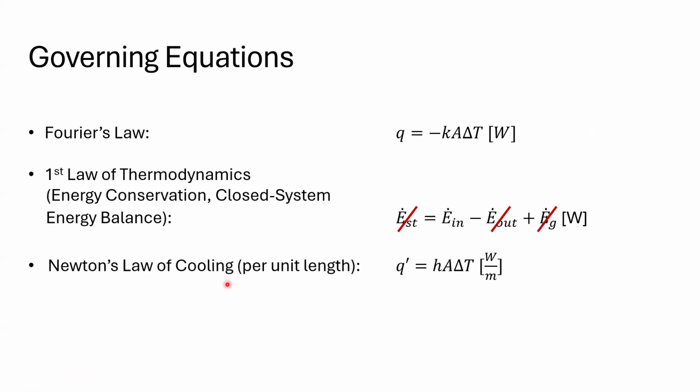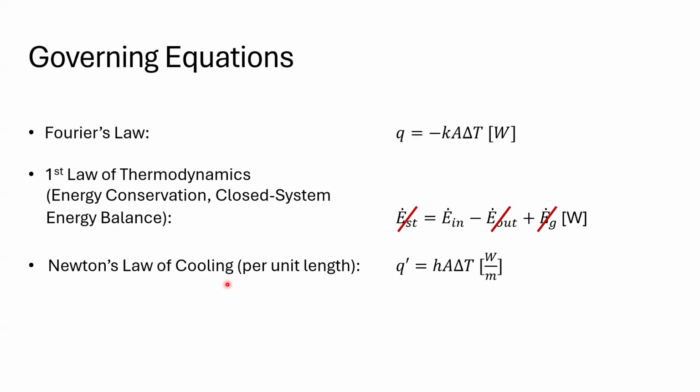To solve this problem, we'll be using 3 main governing equations, the first 2 of which are built into the finite difference method approach. Fourier's law and the first law of thermodynamics, or our closed system energy balance, are used to derive the equations that are given in table 4.2 for a variety of node configurations.